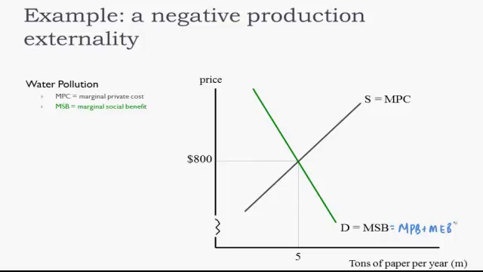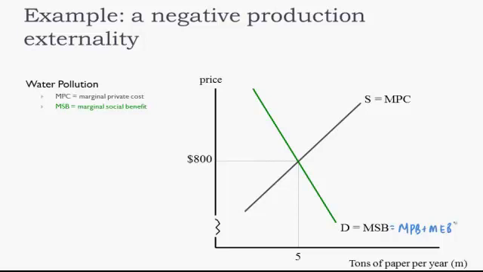It's often referred to as the competitive market because this is the free market, if you will. It's not a market that is subject to any regulation that might be dealing with the pollution problem, and we're getting to that point. So in the free market, in the competitive market, the equilibrium can be established. Price of $800 per ton, 5 million tons of paper being produced.